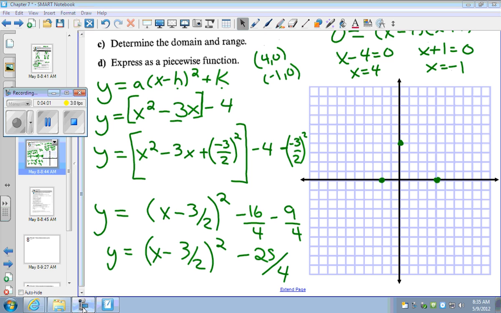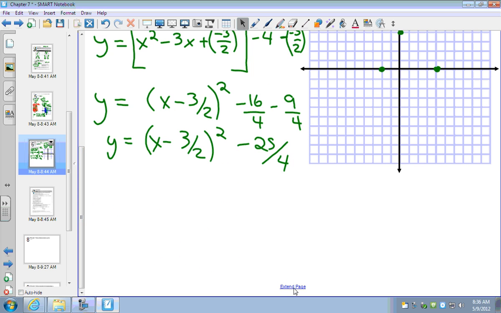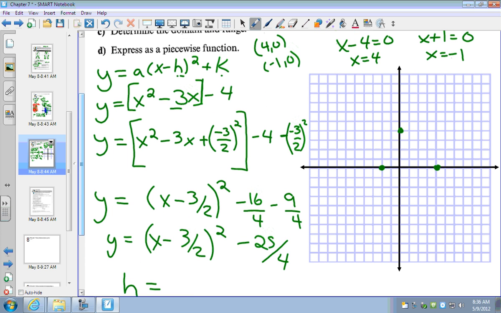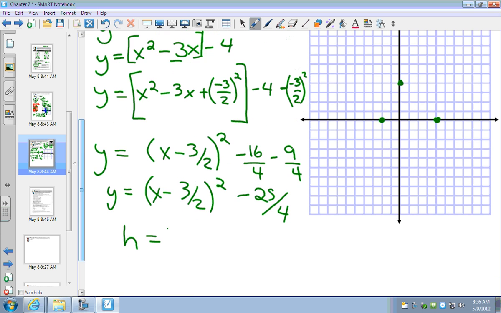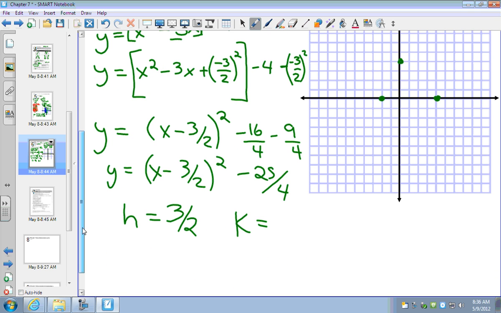Okay. So this tells us then that our vertex, our h, is going to be, remember we said up here, we have minus h is our vertex. So we have 3 halves, even though there's a minus there. And our k is going to be, remember, it's plus k, so it's exactly what's written here. So it's negative 25 over 4. And just so you know, that's about negative 6.25.